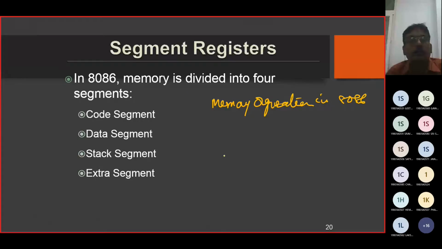So as mentioned, we have 2 power 20, which equals 1 megabyte of memory. Then 2 power 16 we call 64 KB of memory.